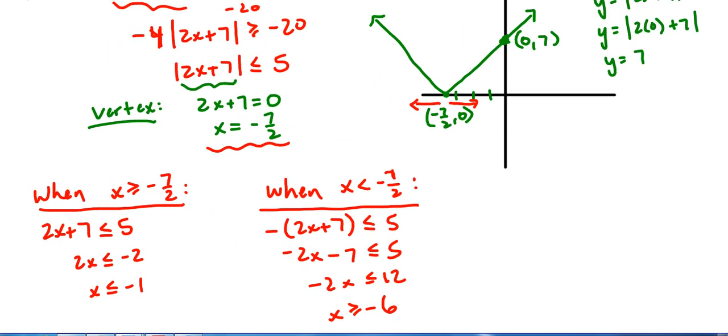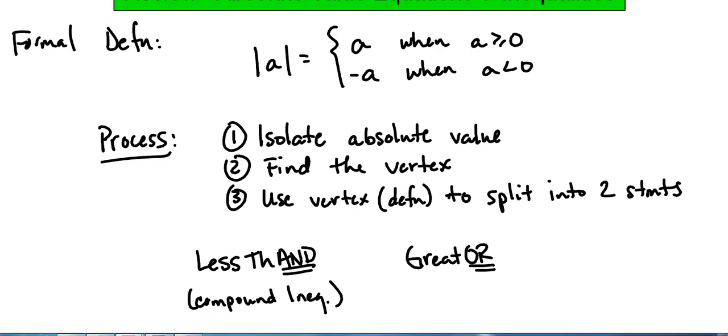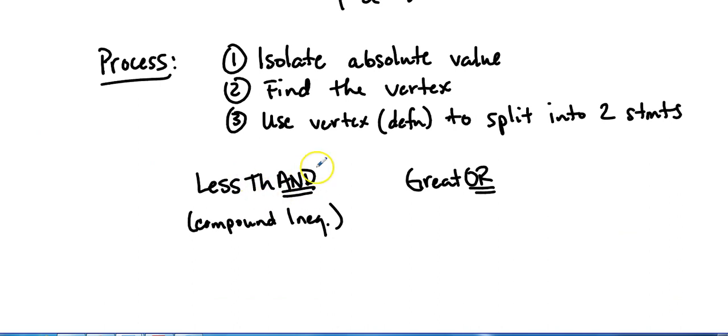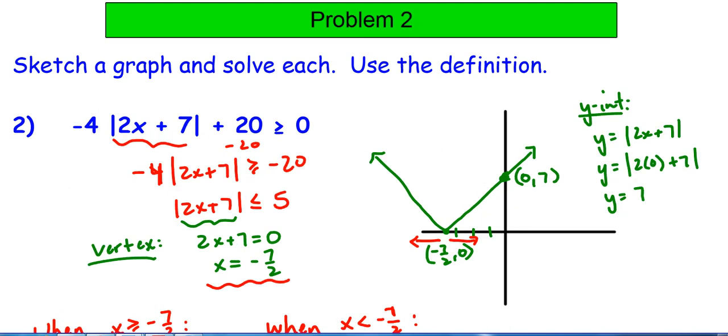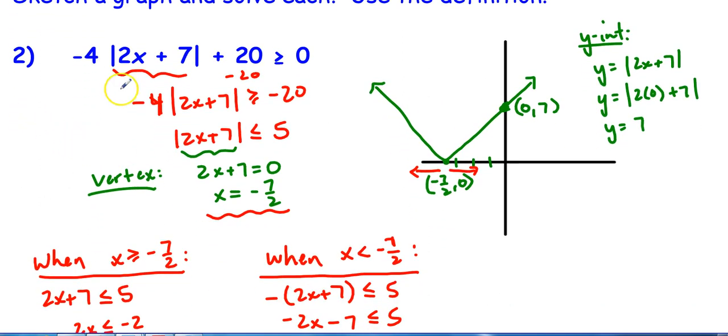And if I look back up here, remember our rule, less than tells me it's got to be a compound inequality, or an "and," where the two intervals are kind of running into each other. Greater is when the two intervals are going away from each other. So let's check out what we have. This is the point where you're going to decide that, because we isolated the absolute value here.